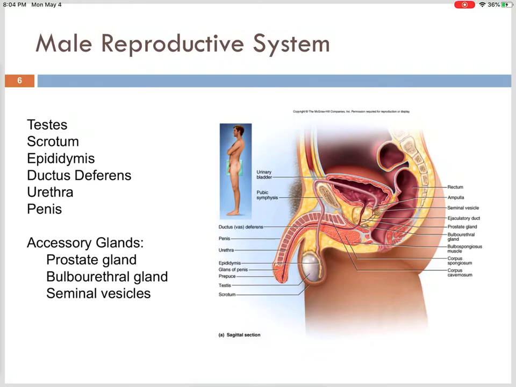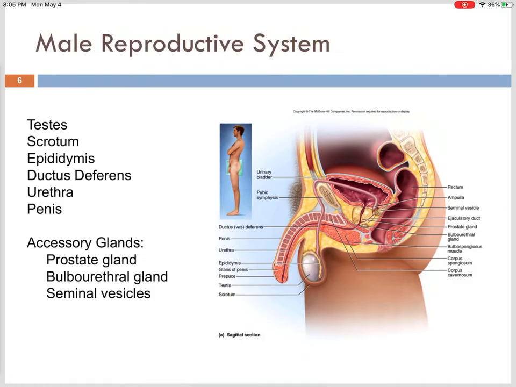Okay, let's talk about the male. Now, I'm not here to start any biological sex warfare. However, anatomically and physiologically speaking, in terms of the reproductive system, the biological male is much simpler. That does not necessarily mean that men are simpler. Definitely not.